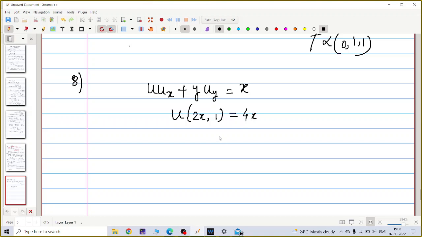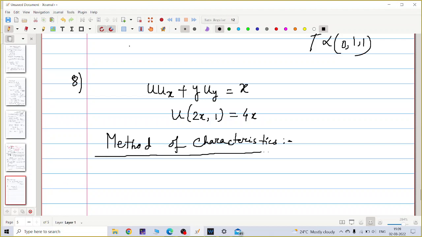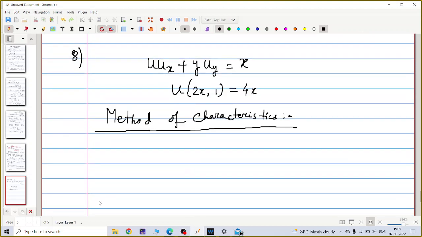So I will use the method of characteristics. You know the method of characteristics, or how to solve this? Biplav, Shashank or Anisha? I don't know this question. Okay, I'll tell, no problem.